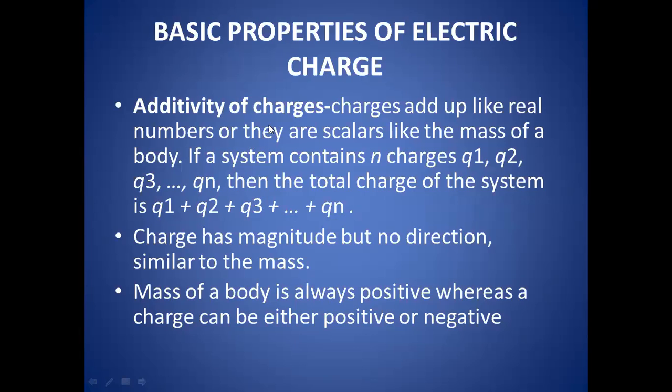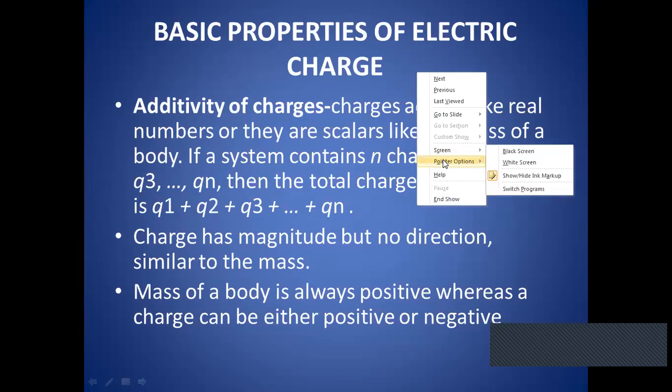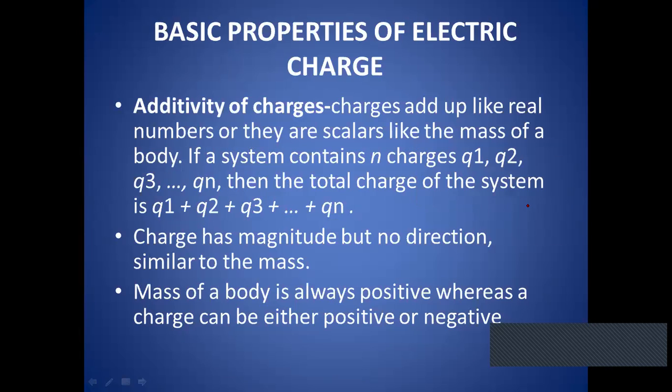Now some basic properties of charges. What are the basic properties of charges that I will discuss here? Charges have the additive property, additivity of charges. Charges add up like real numbers, or they are scalars like the mass of a body.